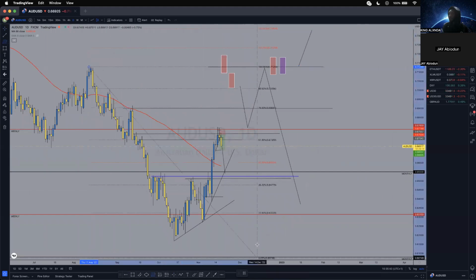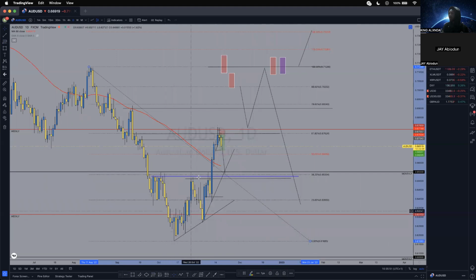Say we draw fib like this from low to high. If I see the market bouncing from 23.6, we can see the market go up here, but it did not touch 38.2.